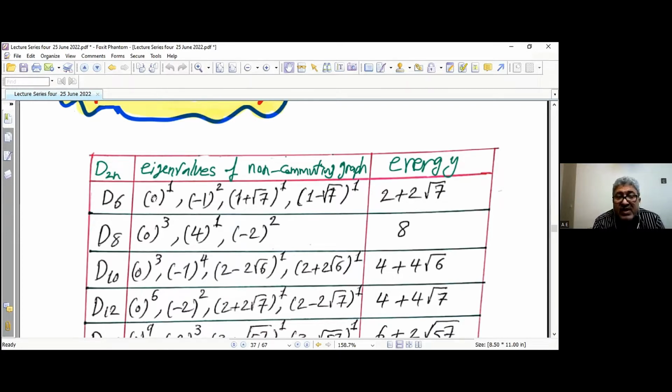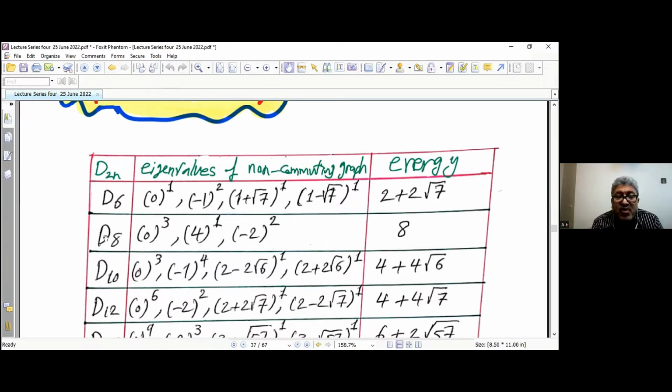So we have 1, 0, 2, -1, and one eigenvalue 1 plus root 7 and one 1 minus root 7. If we add the absolute values of these eigenvalues, we get the energy 2 plus 2 root 7.